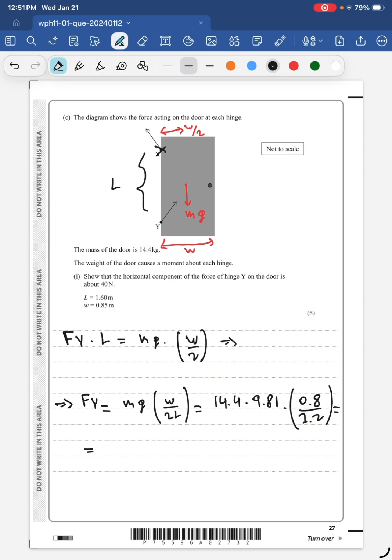And if you plug in numbers, you find 37.96 newtons, which is about 40.